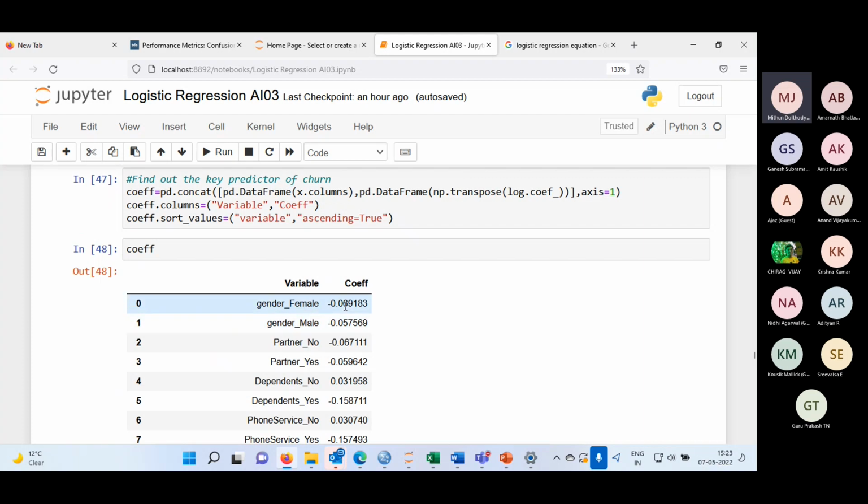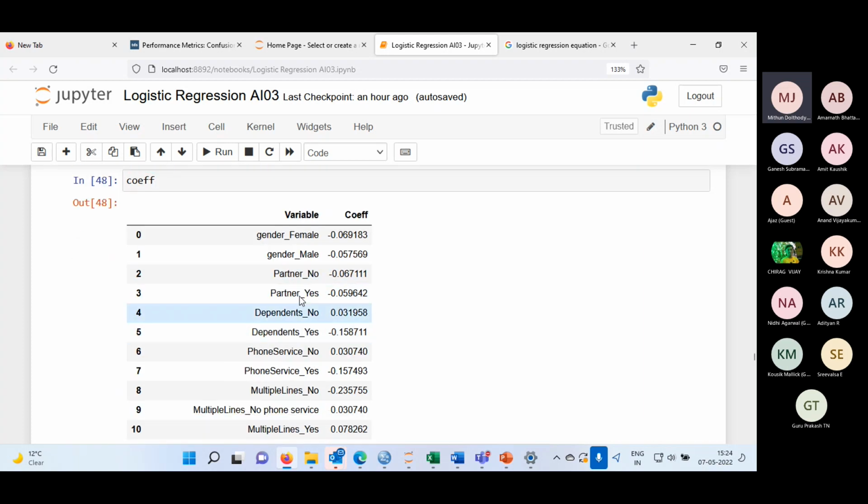If you take males, don't take females. Similarly, drop one of partner equal to no and partner equal to yes, and one of dependent equal to no and dependent equal to yes. As you drop around 8 to 10 variables, your overfitting problem will greatly reduce. Correct? This is the hard route.